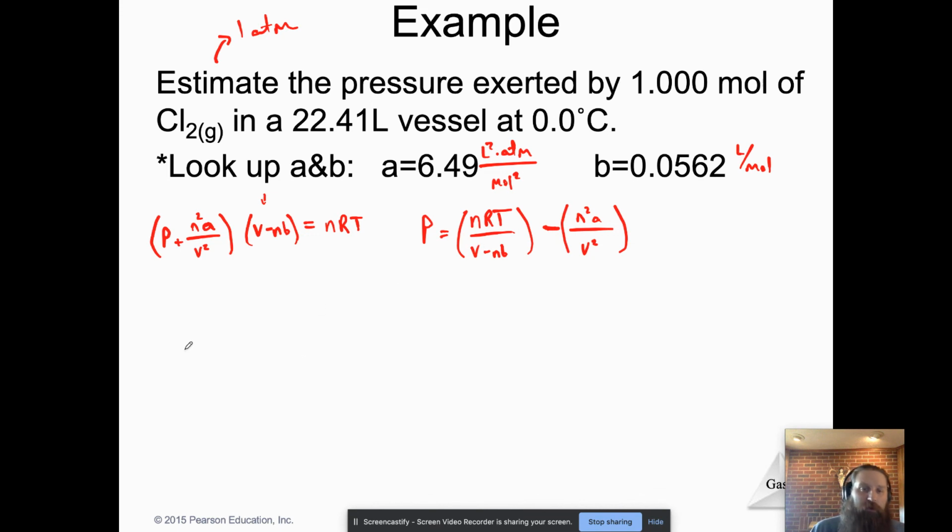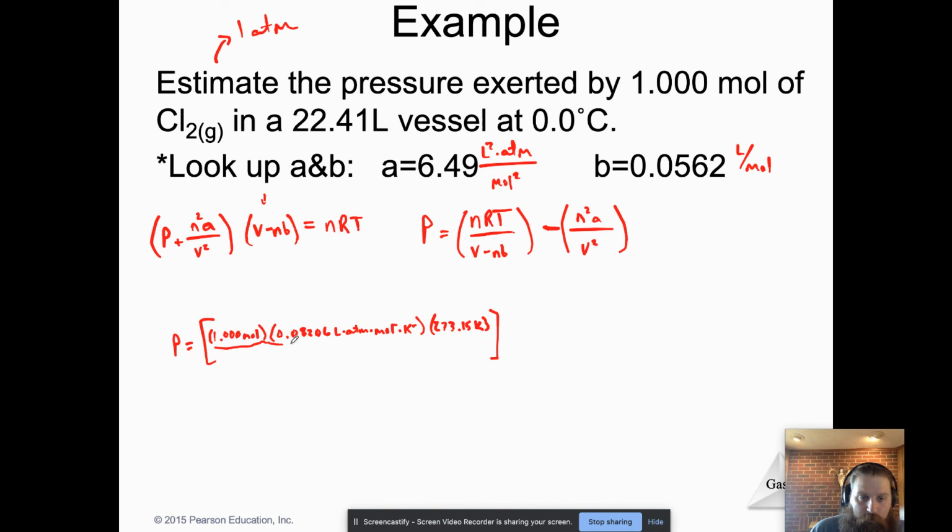Now I'm going to go through my problem and punch everything in. So pressure is equal to, this is going to be a long thing, 1.000 moles times R, 0.08206 liters atmospheres times mole inverse times Kelvin inverse, times 273.15 K. I'm going to close that bracket.